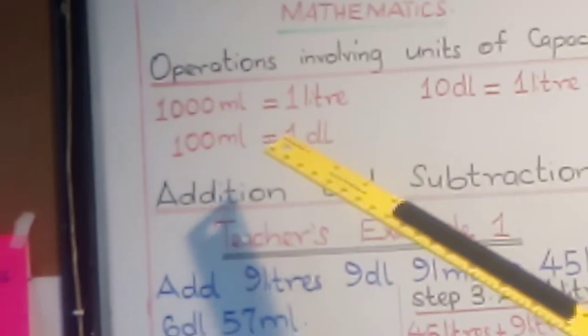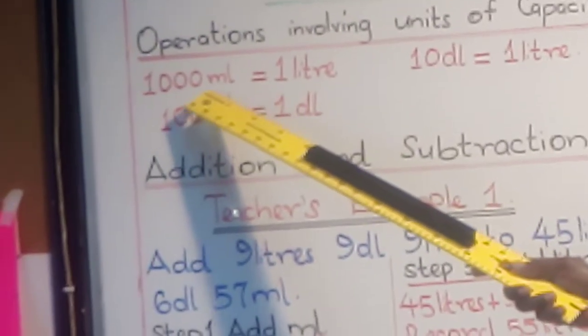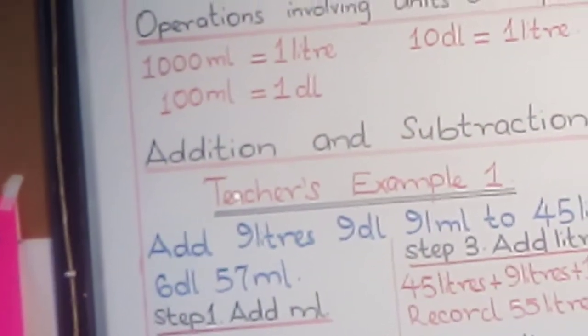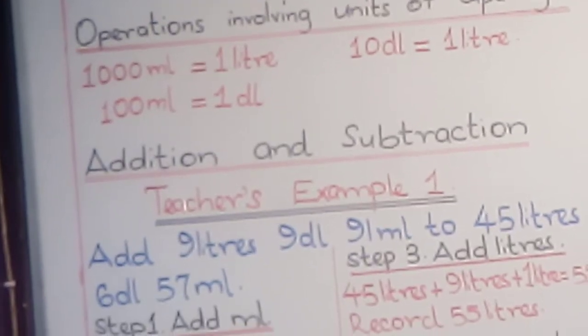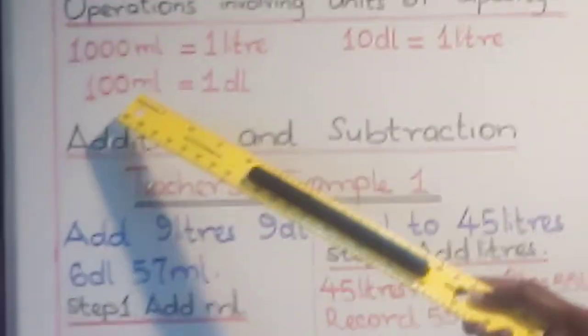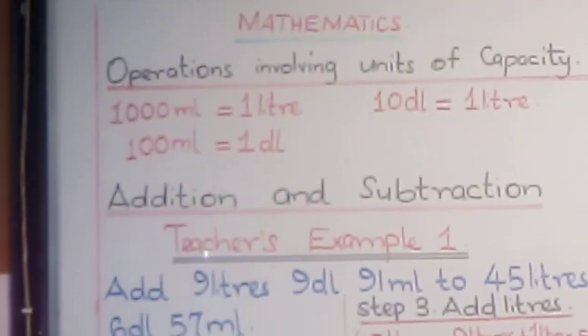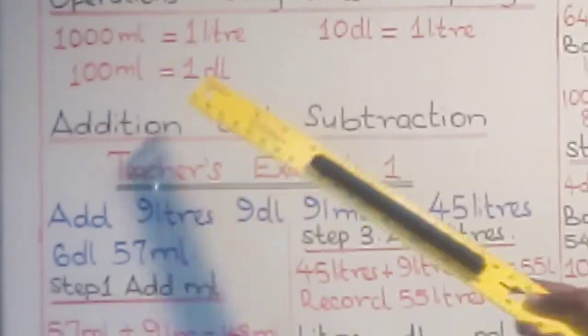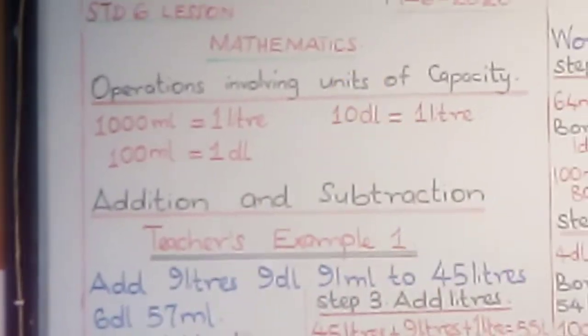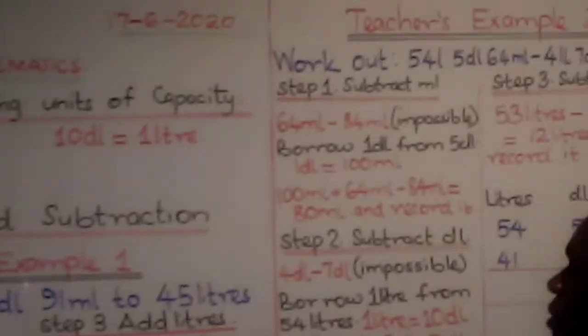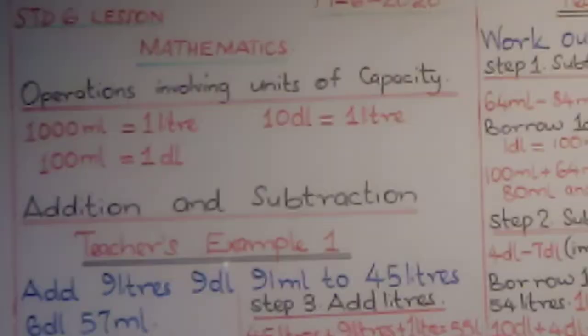Here, we have 1,000 milliliters making 1 liter. And 100 milliliters equals to 1 deciliter. And 10 deciliters equals to 1 liter.